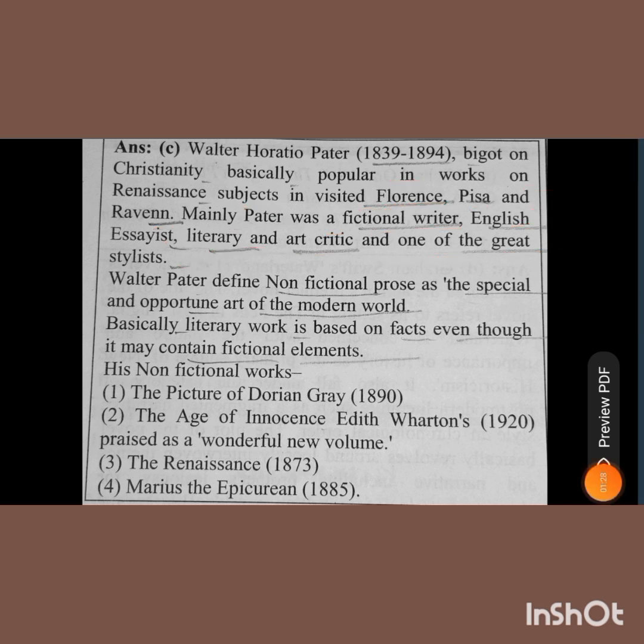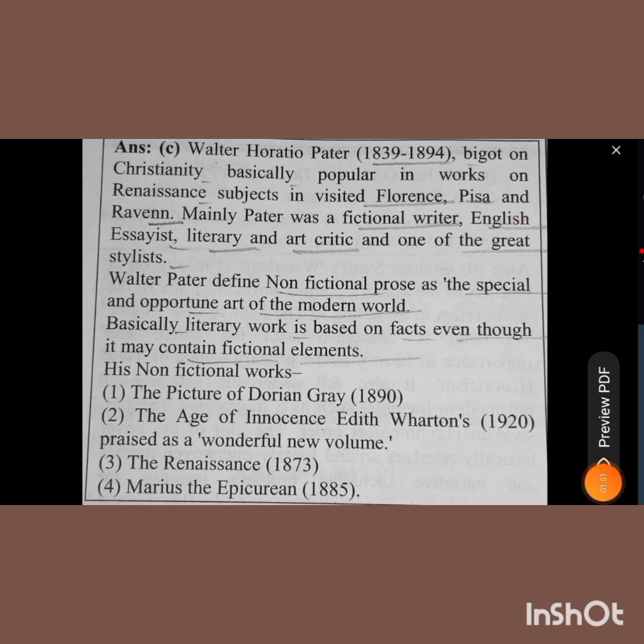Walter Pater defined non-fictional prose as the special and opportune art of the modern world.